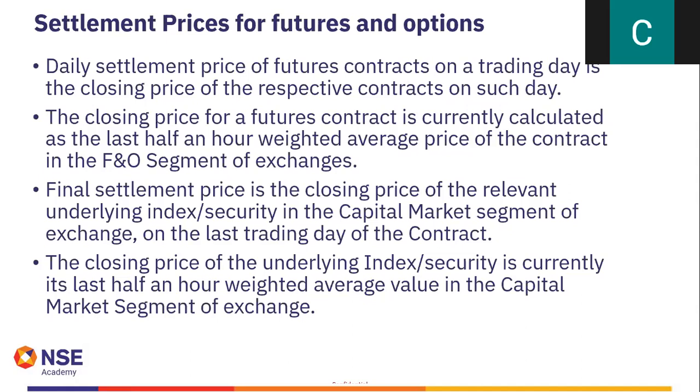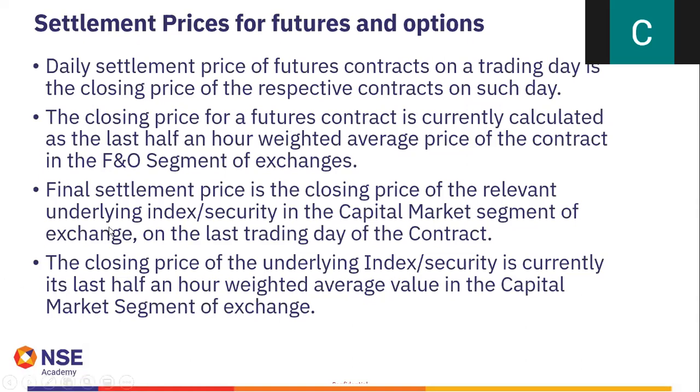For your MTM calculation on a daily basis, the closing price or the settlement price is the last half an hour weighted average of the asset in the derivative segment of the exchange. The MTM will be calculated on the last half an hour weighted average price of the contract in the derivative segment of the exchange, that is the F&O segment of the exchange.